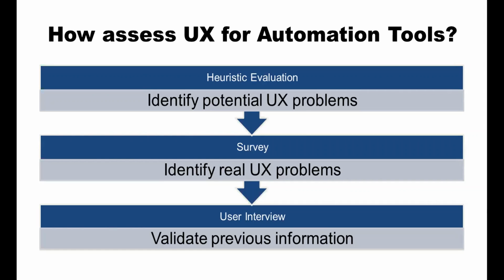After that, we use the result of the heuristics to create a survey and identify the real UX problems, and we submit this survey to the users. And when we finish the survey, we need to validate all the previous information with the users through the user interview.